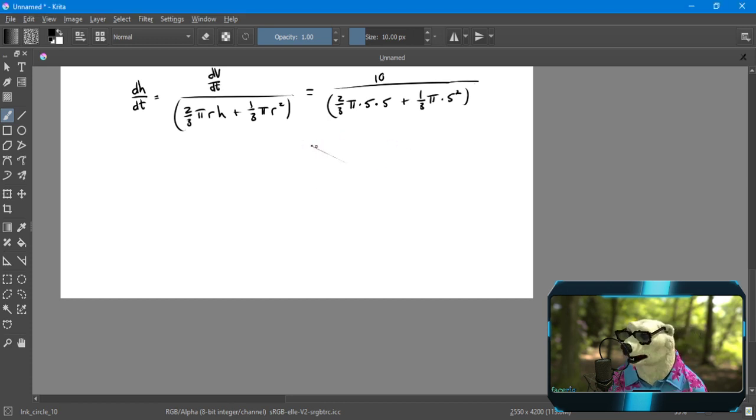Alright, we get 0.1273 if we round to 4 decimal places.